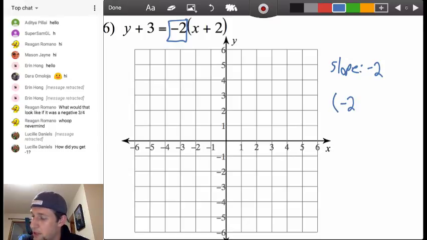Remember that's my x, and if I look up where x is in my equation, if I put a -2 in for x, -2 plus 2 would be 0. Same thing for my y. That's going to be -3, because if I put a -3 in there, it would make it 0. So I'm going to start at -2, -3. That's right here.